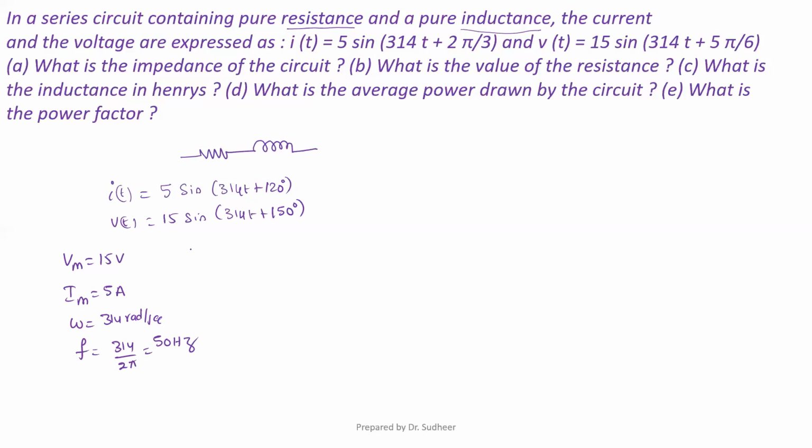What will be the VRMS? VRMS is 15 by root 2. IRMS is 5 by root 2. Okay, we can keep that aside. In these sorts of problems for MCQs, they may ask what is the RMS value, what is the frequency, what is the phase angle difference.